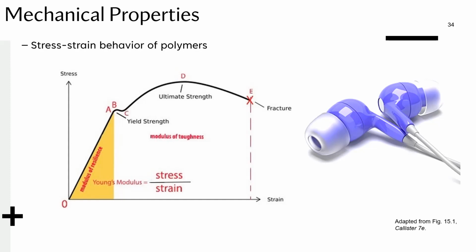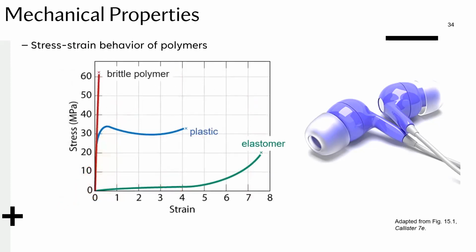So let's see how these actually are. In fact, polymers have distinct behaviors as well. You can have brittle polymers that behave a lot like other brittle materials. You have plastic polymers that have more of that elongating plastic behavior. And then you've got elastomers that have an extremely different behavior.